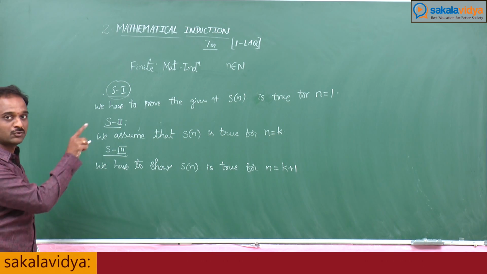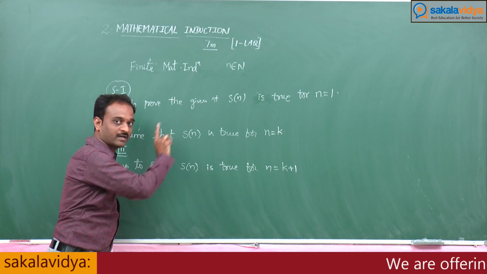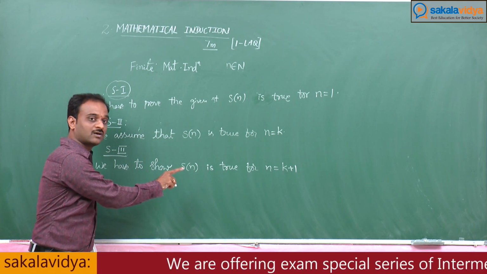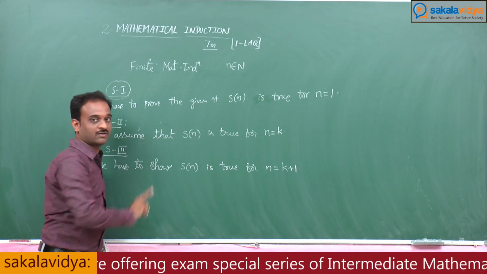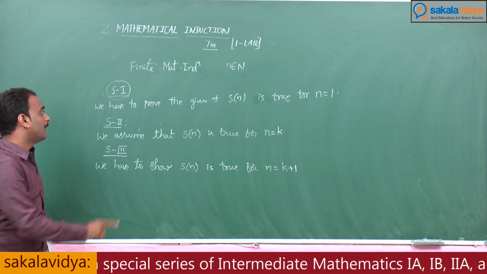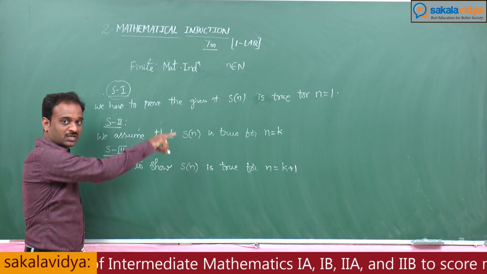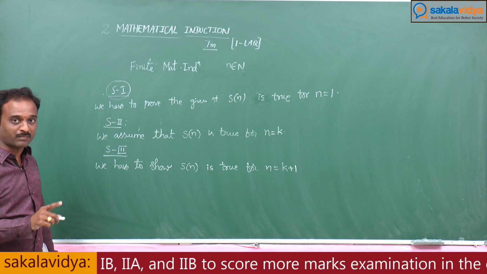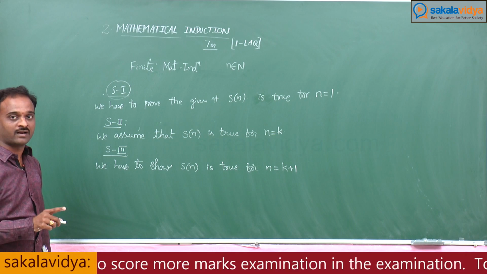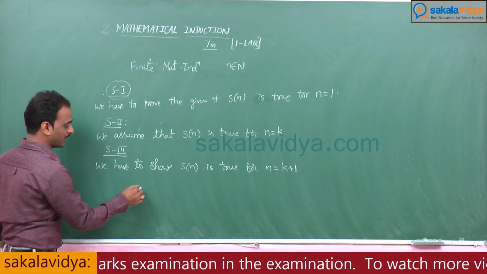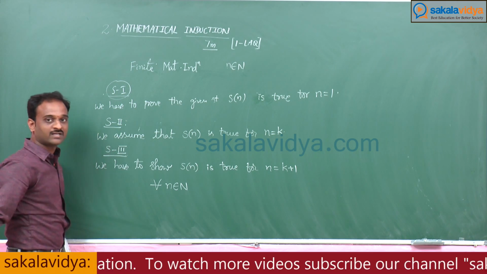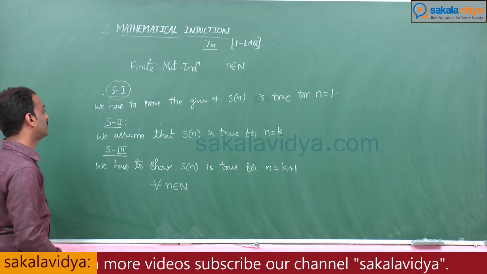Second step, assume that S of n is true for n is equals k. Third step, we prove S of n is true for n is equals to k plus 1. By using these 3 steps, we can conclude that the given statement is true for all n belongs to N.